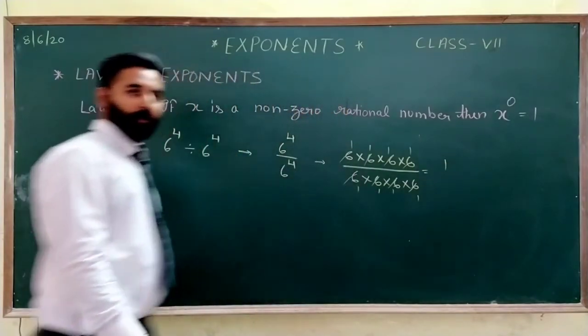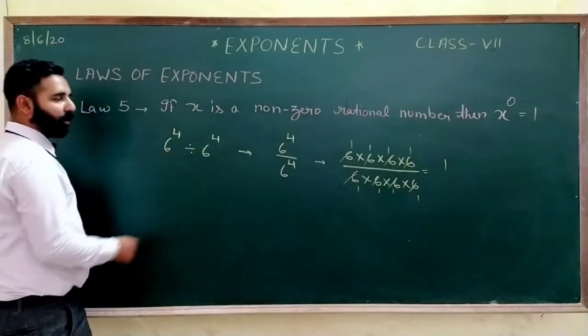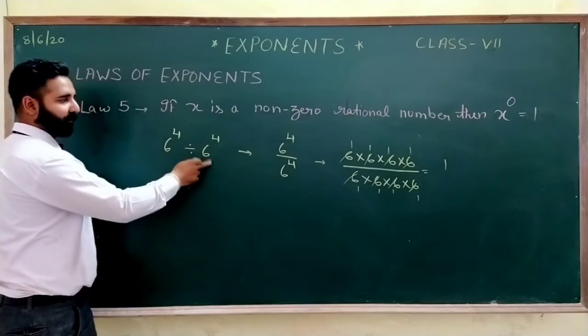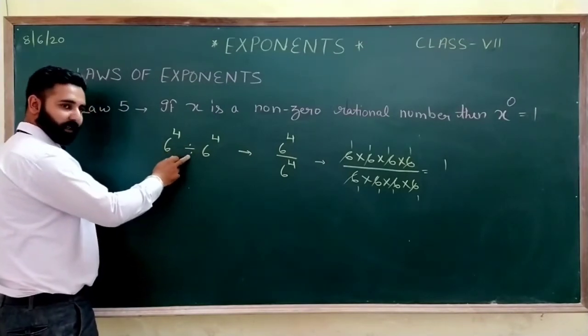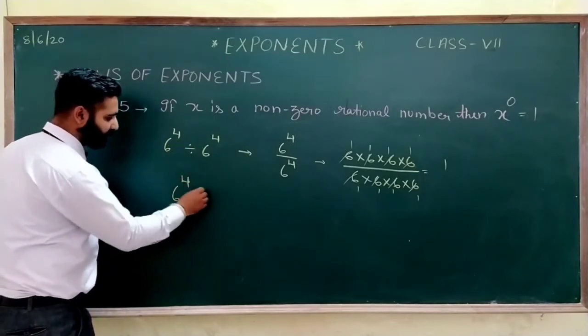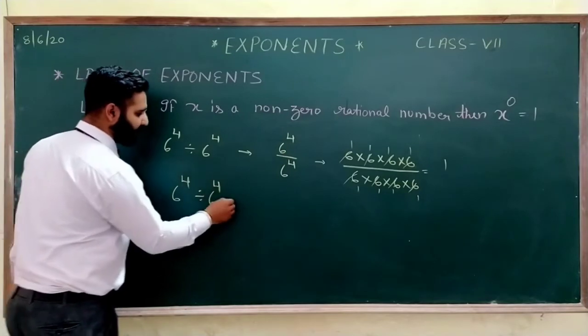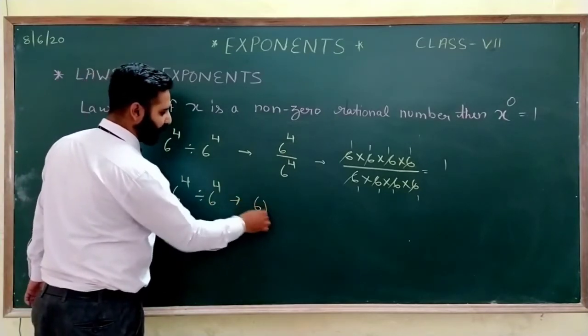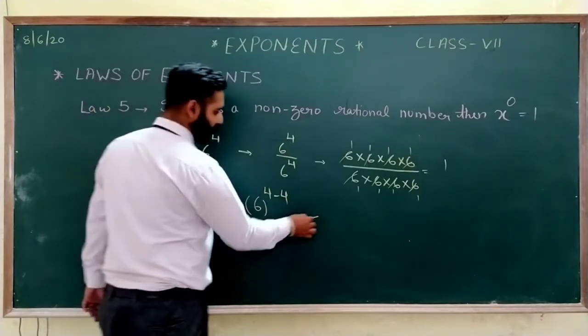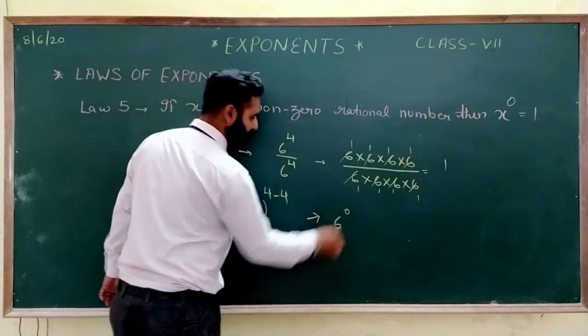1 only. So if you do it with the law of exponents, bases are same and they are in division, so what we will do? We will subtract the powers. So it will become 6 raised to power 4 minus 4, so 6 raised to power 0.